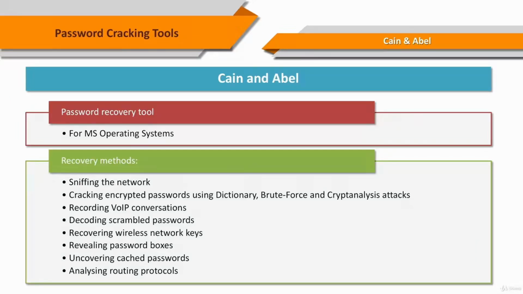Brute-force and cryptanalysis attacks, recording VoIP conversations, decoding scrambled passwords, recovering wireless network keys, revealing password boxes, uncovering cached passwords, and analyzing routing protocols. The program does not exploit any software vulnerabilities or bugs that could not be fixed with little effort.